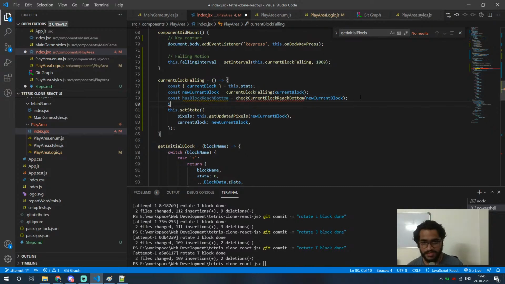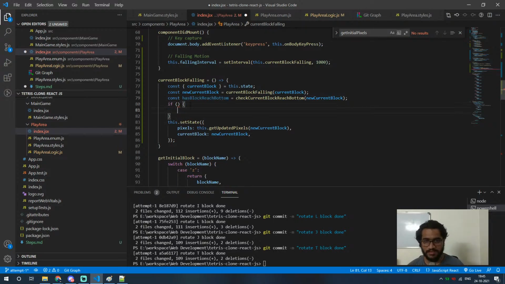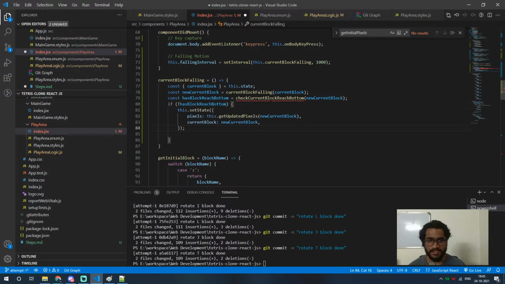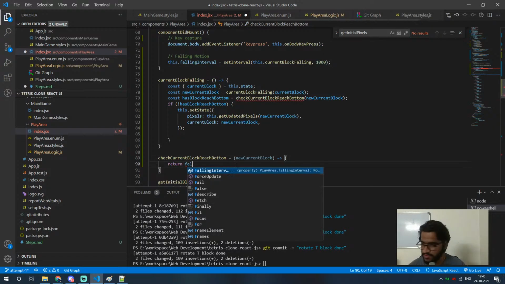So what we would do is, only when has reached block is false, the state would update, and if not, the state would not update, and by default it would be false, right? By default it would be false.